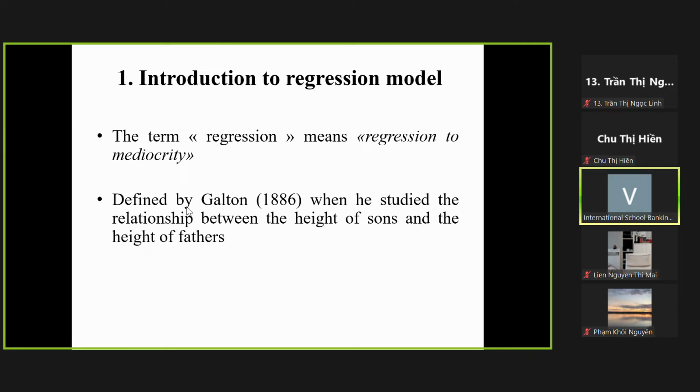Regression to mediocrity. And this term was defined for the first time by Galton in 1886, when he studied the relationship between the height of sons and the height of fathers.